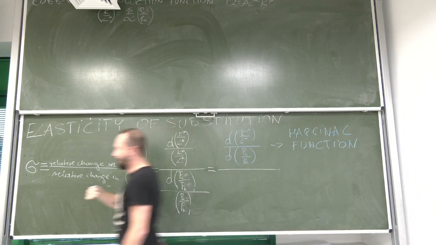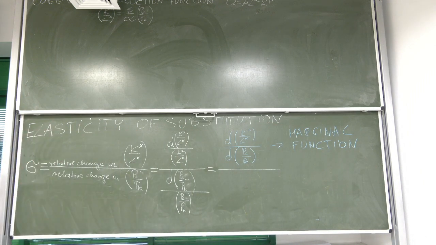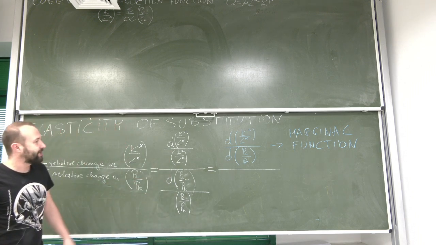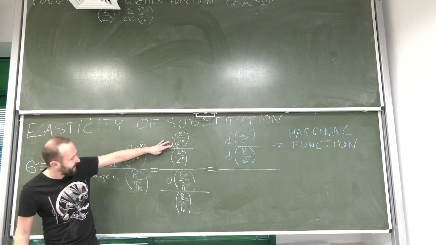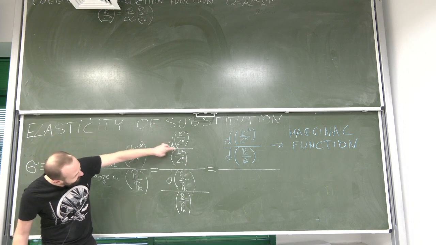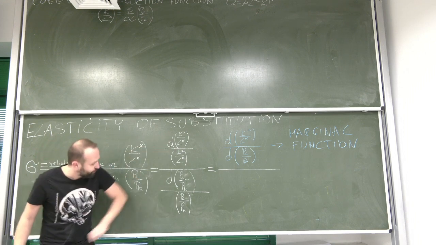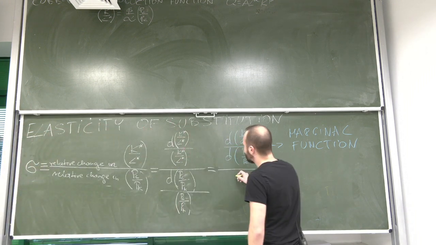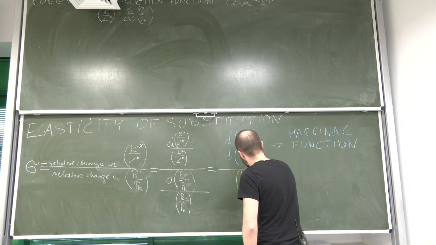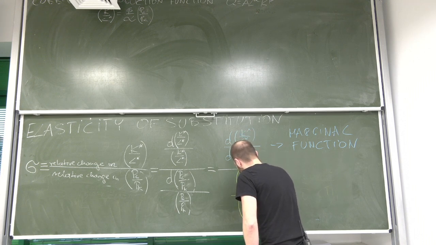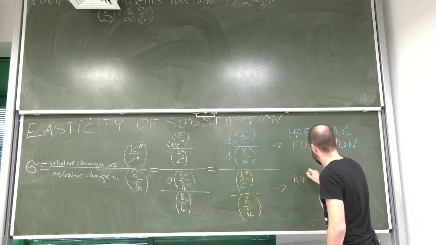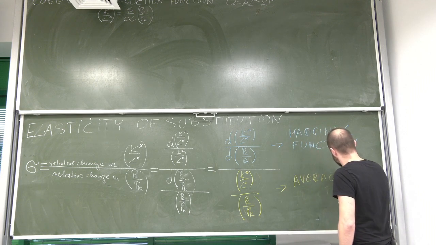On the bottom, on the other hand, we're going to have a different ratio, because the only thing left is capital to labor ratio and price of labor and price of capital ratio, which is going to give us an average function. Here we've got an average function.